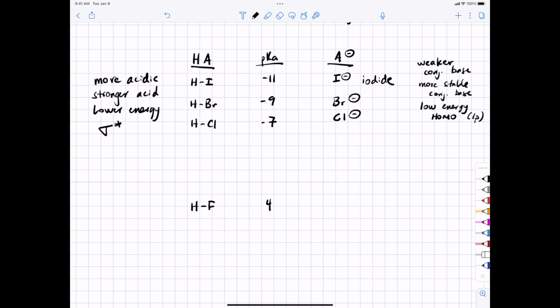Yes? Is there a unified chart of pKa somewhere online, or is there one that we have? So in your textbook, there's a chart of pKa's in chapter 2. There's also in the appendix of your textbook, I believe, another table that's a little bit more complete.